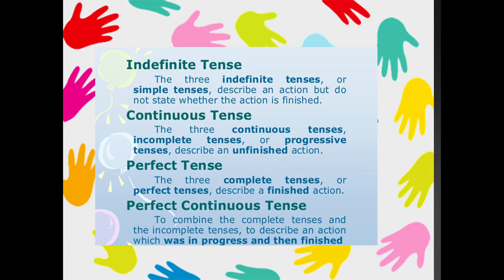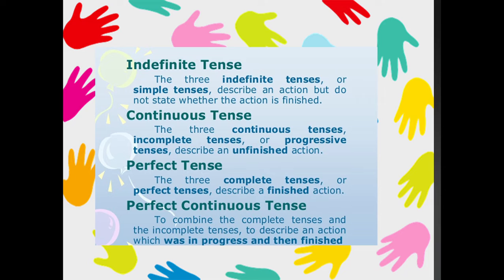Indefinite tenses are those simple tenses which do not state whether the action is finished. Continuous tenses, the three continuous tenses, incomplete tenses, progressive tenses, describe an unfinished action that is happening.